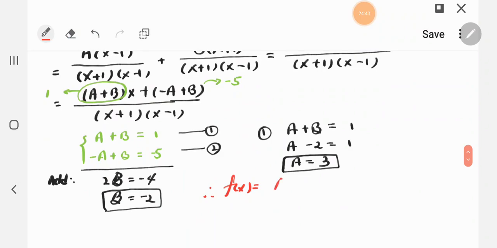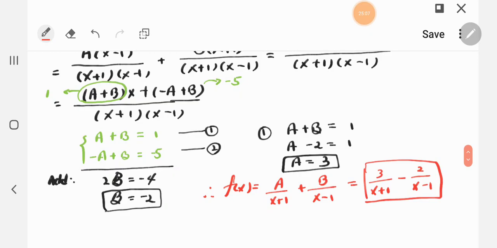This is a over x plus 1 plus b over x minus 1. So our answer will be a is 3, so 3 over x plus 1, and then b is negative 2, so why don't we put minus 2 over x minus 1. So this will be the answer. This is the partial fraction decomposition of f of x.